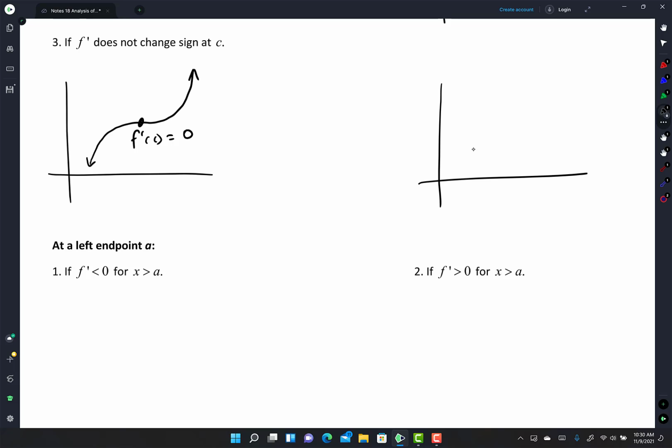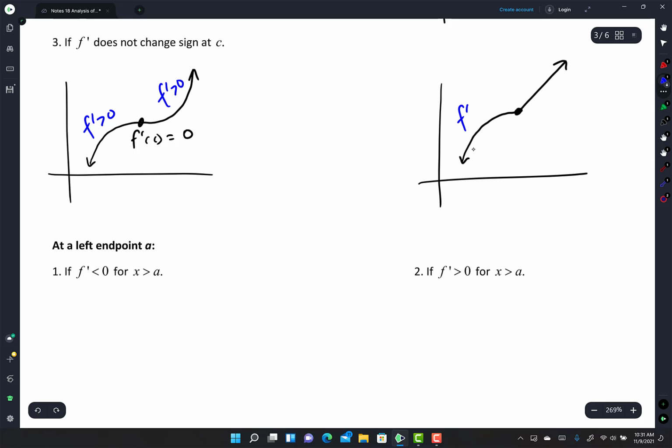Concave up, concave down. We'll make a corner. I should have done one going down. It doesn't matter. F prime is positive. F prime is positive. On this one here, f prime of c is undefined. Does not exist.